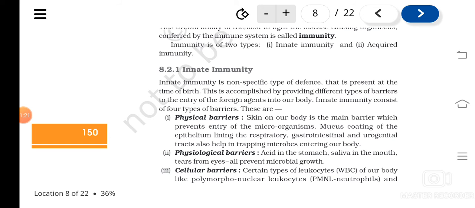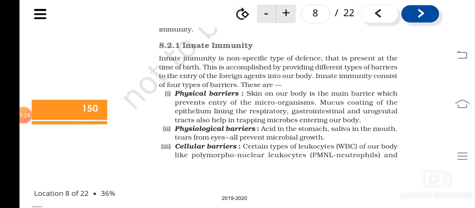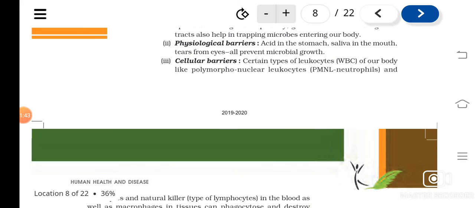Then what? Physical barriers also means some enzymes or some acids present in the stomach. Then saliva, tears, etc. have some material that prevents microbial growth, isn't it? Then cellular barriers.